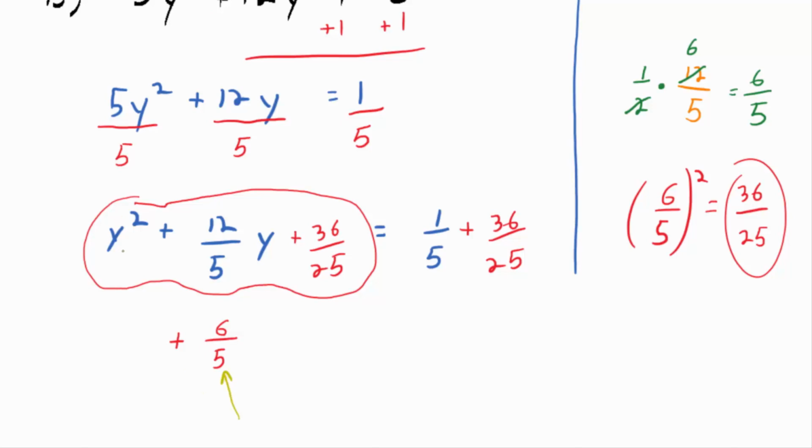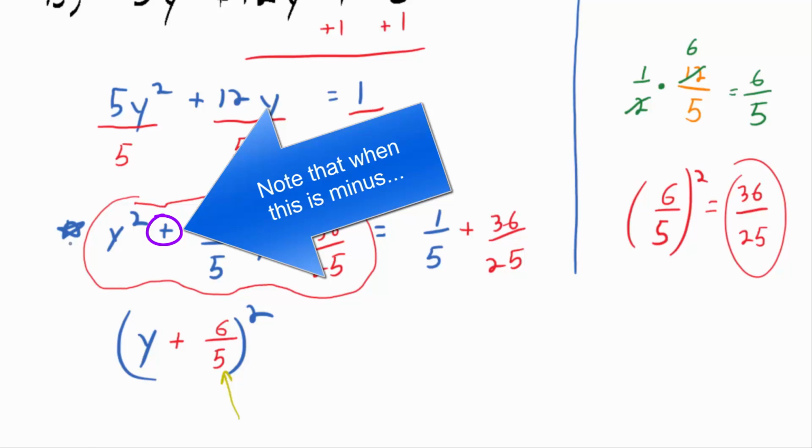You take whatever the unknown is to the first power plus the guy that you already wrote down and square it. And that's how the perfect square trinomial that you created will factor every single time. That's why you write down half the coefficient, in this case of y, on the step below to remind you of how it factors. Okay? So you get y plus 6/5 quantity squared on the left side.